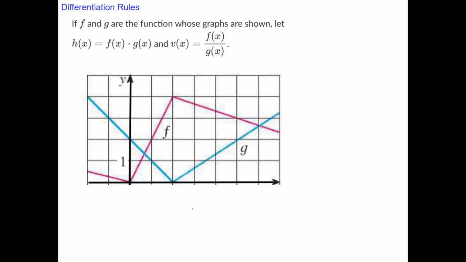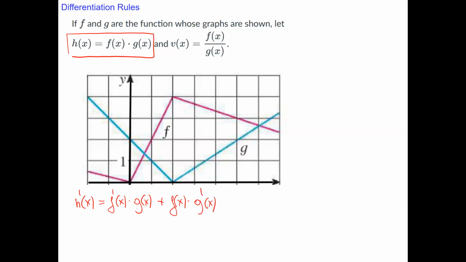F is pink and g is blue or turquoise. And we have to find the derivative of h, let's say h prime, f times g. That needs the product rule: derivative of the first function times the second plus first function times derivative of the second.